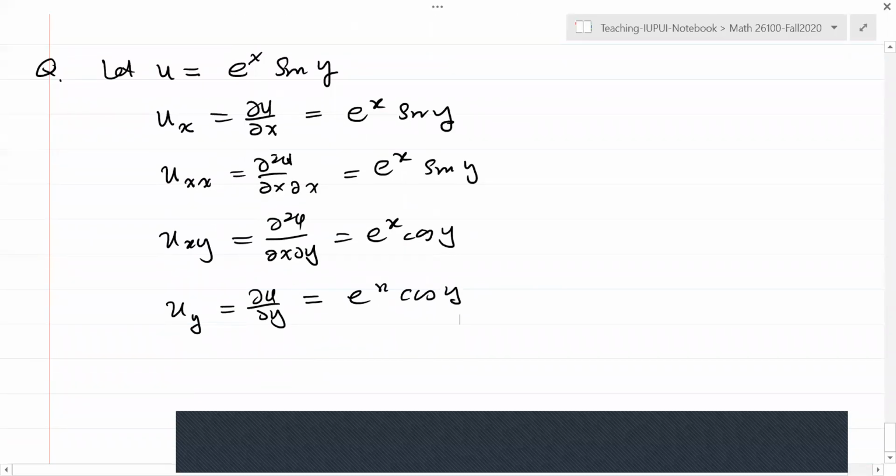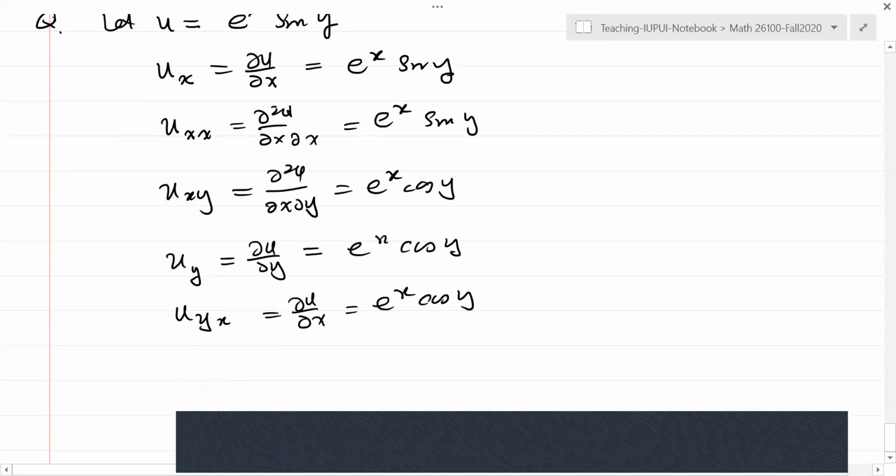And what else? We have to find this. So I get e to the x cosine y. The final one, u sub yy: I get negative e to the x sine y.